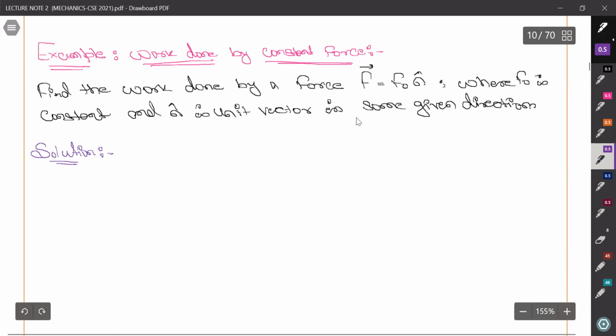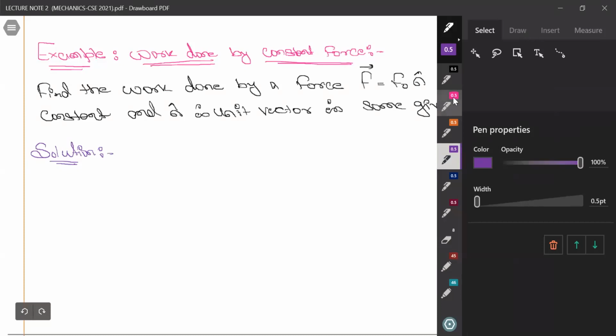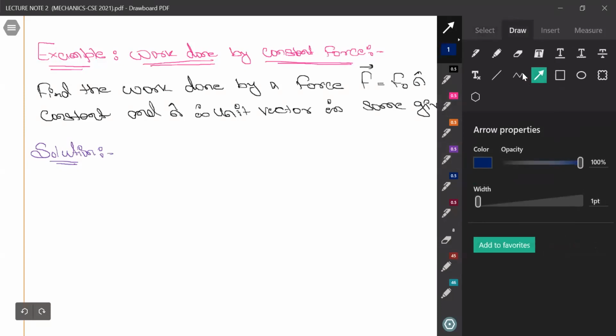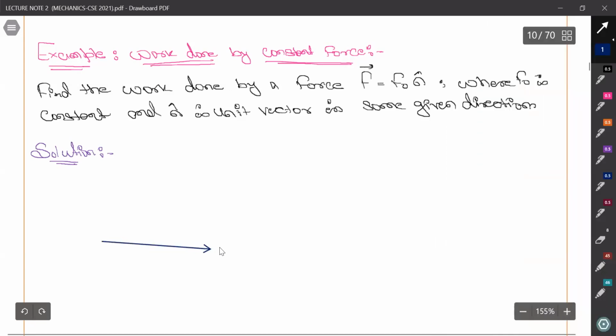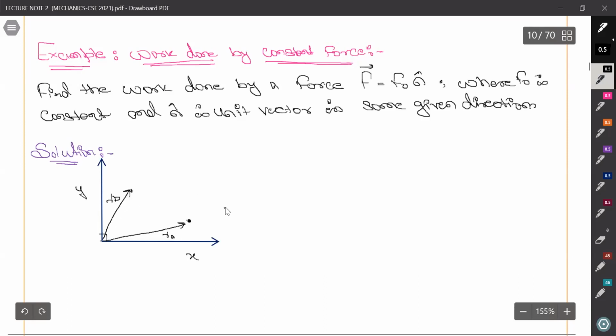Let's draw the coordinates first. Suppose this is the x axis and this is the y axis. Suppose the particle is at this point, this is Ra, and the particle goes to this point, this is Rb, and the force is F naught n cap.